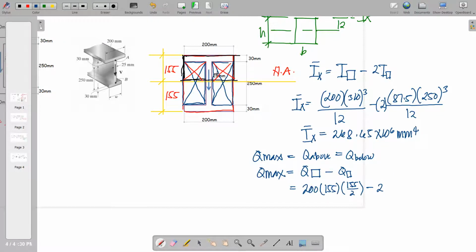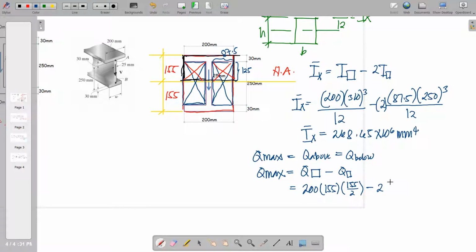And as we can see, this dimension is 155 minus 30, so that is equal to 125 millimeters. And as for the base, that is simply equal to 200 minus 25, 175 divided by 2, that is 87.5 for the smaller.